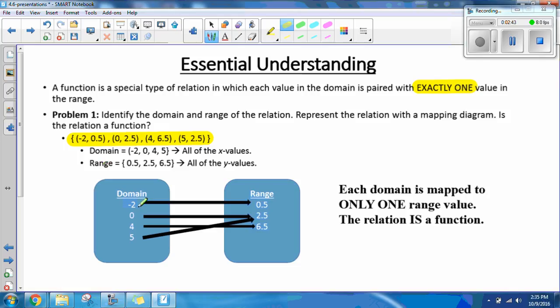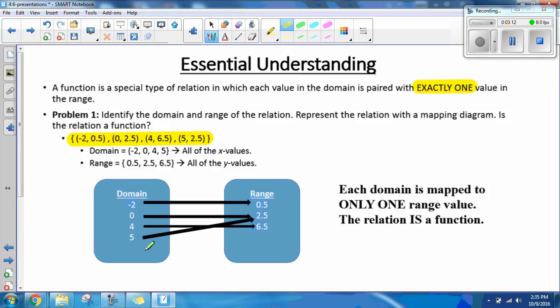So -2 maps to 0.5, 0 maps to 2.5, 4 maps to 6.5, and 5 maps to 2.5. Even though 2.5 is repeating in the range, each value in the domain has only one value in the range. So this is a function.